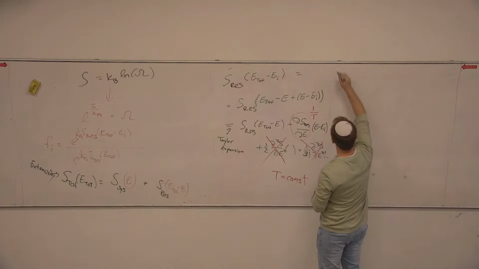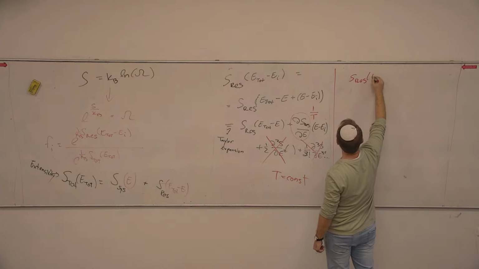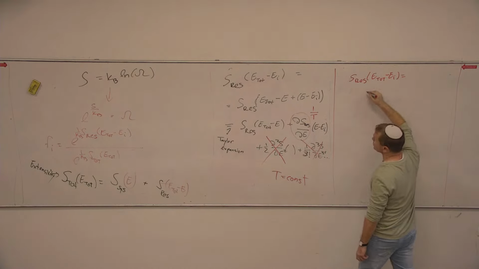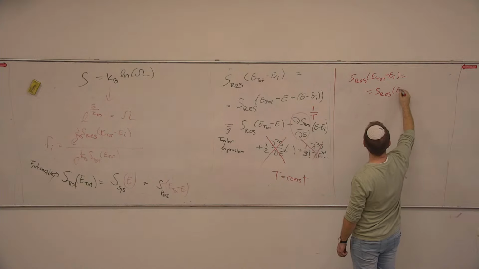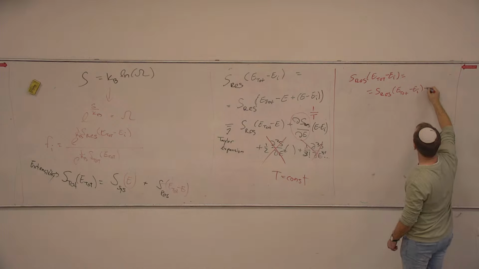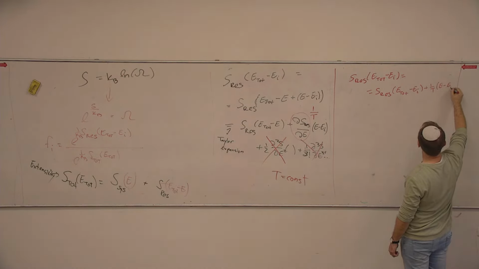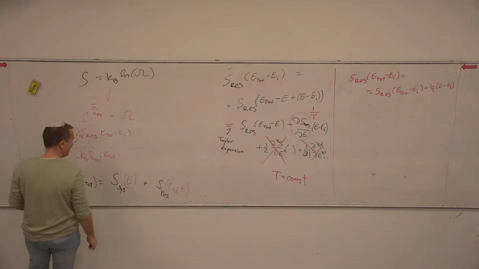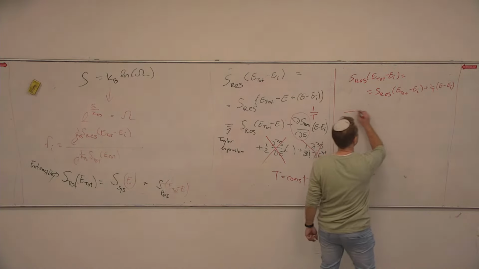We obtain the following. S reservoir of E total minus Ei equals S reservoir of E total minus E plus 1 over T times (E minus Ei). Okay, that's enough. Let's plug all that we have achieved so far into the formula.